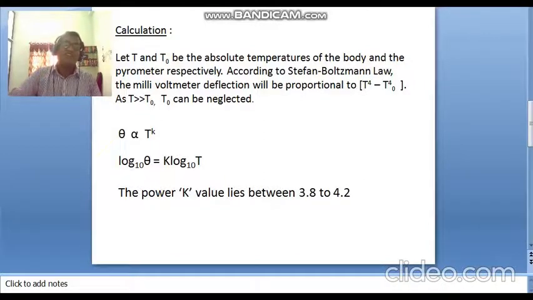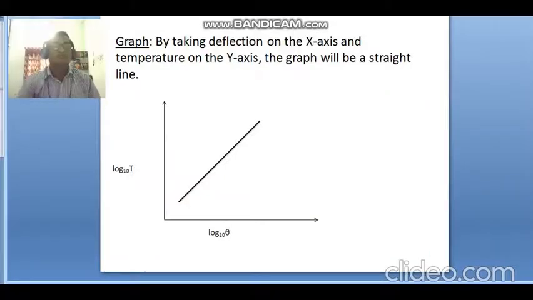This deflection is directly proportional to the fourth power of the temperature. That was already discussed in the previous slides. The temperature and the deflection are related proportionally. According to the mathematical expression, the value of theta is directly proportional to the fourth power.